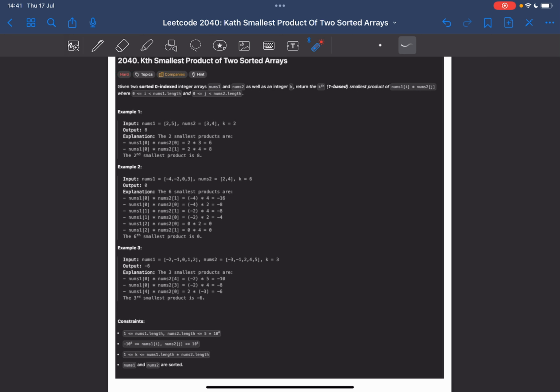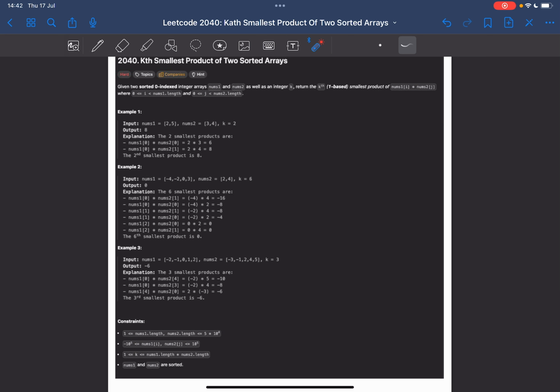So basically the length of nums1 and nums2 is between 1 and 50,000, inclusive of 50,000. And here it also says that for every element in nums1 and nums2, it is at least negative 10 raised to power 5, and at most positive 10 raised to power 5 inclusive.